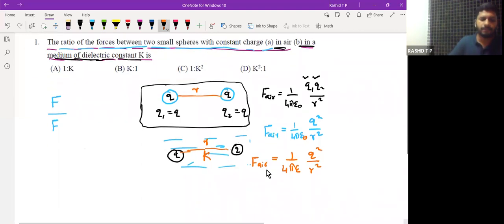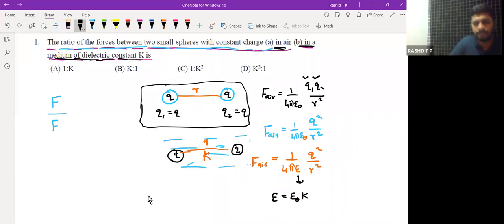Fine. Now, you can replace this epsilon by using this expression. That is, you know that epsilon is nothing but epsilon 0 K. Sorry, this is not F air.